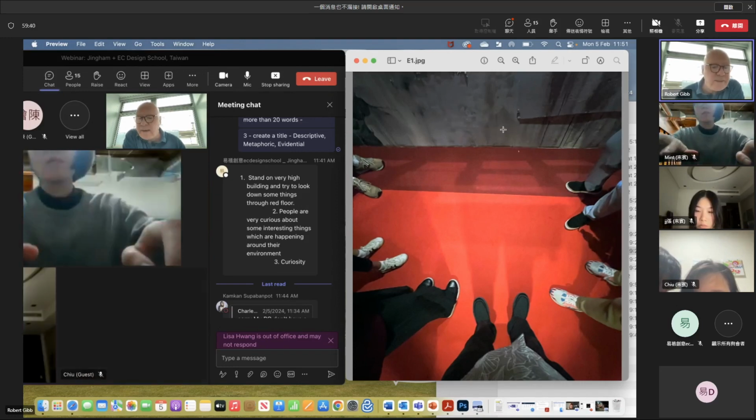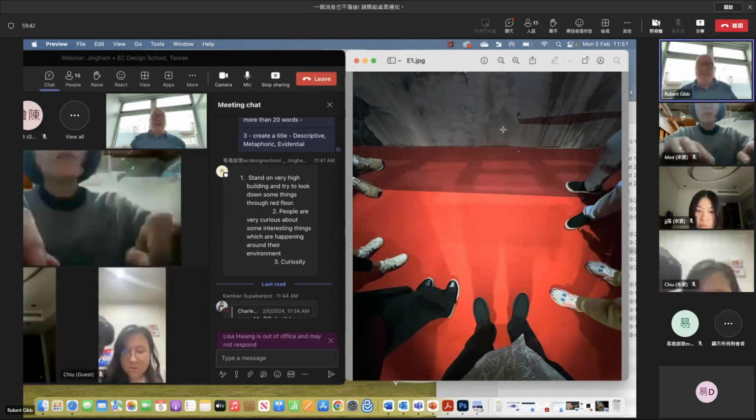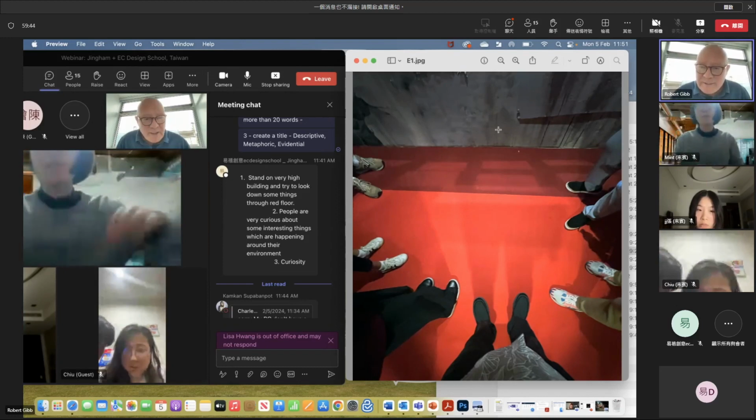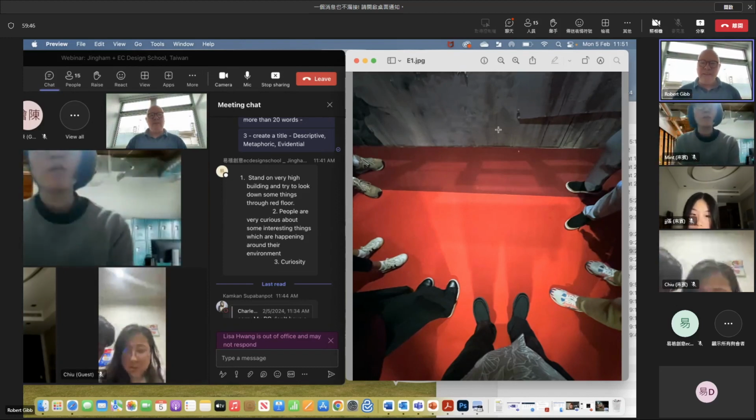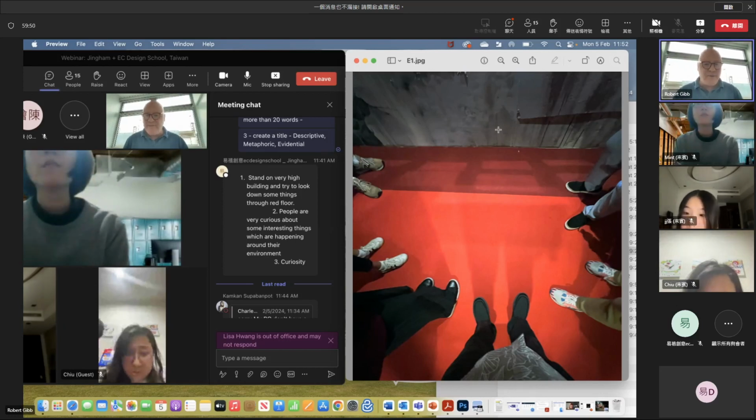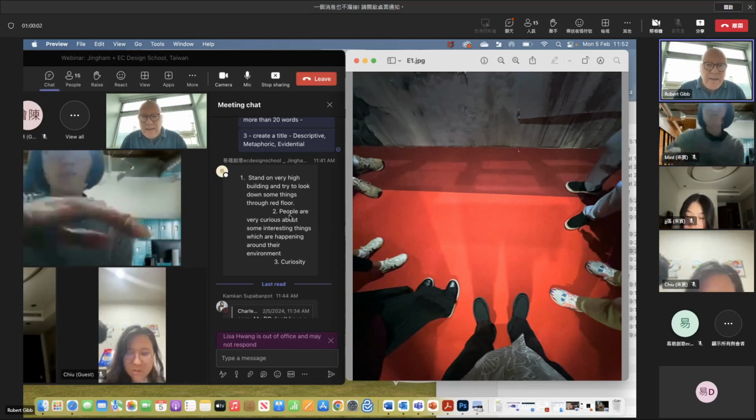top is abstract. So by making something abstract, not there, question, does it look real? Has it been altered? Is it Photoshop? Is it someone being generated by AI? We don't know. Well, the fact is, it's real, but it's also, this is important. So this person has said, people are very curious about something interesting that's happening around their environment.